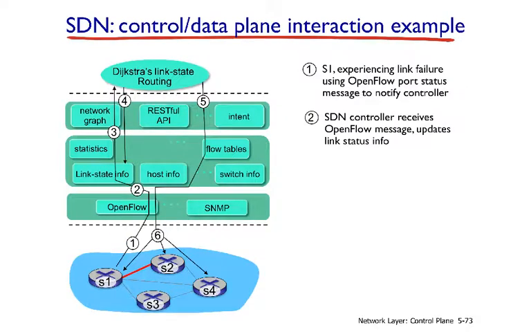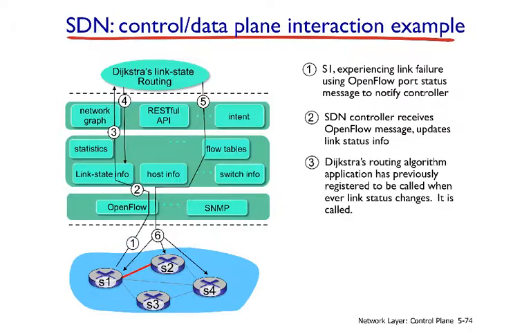Secondly, the SDN controller receives this OpenFlow message and updates the link state information on switch S1.